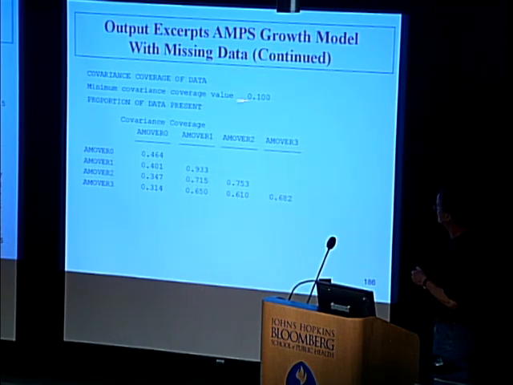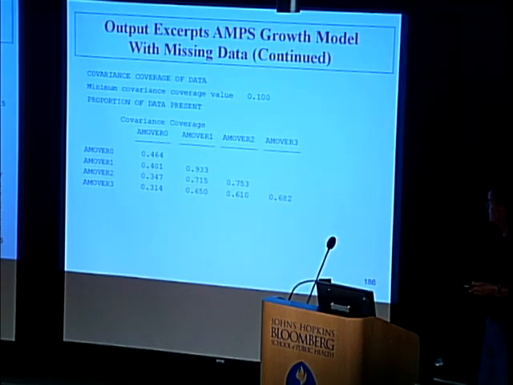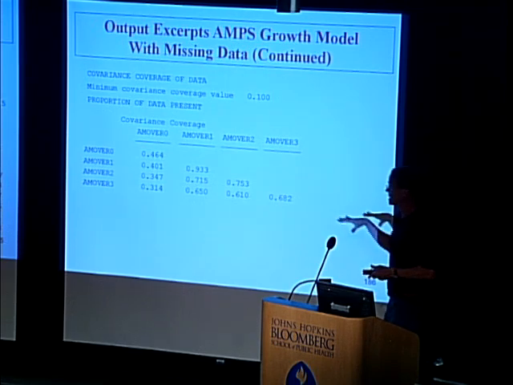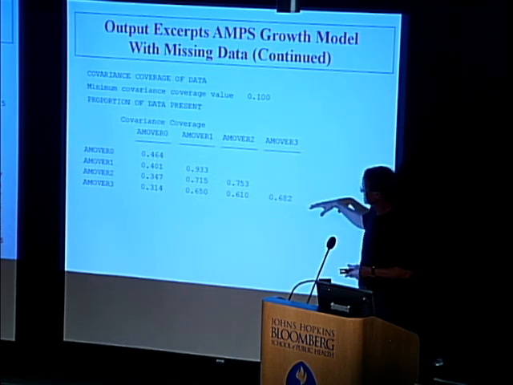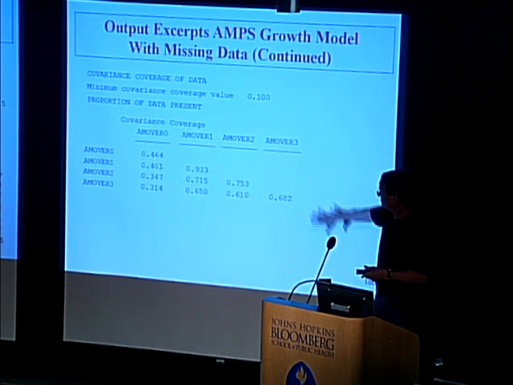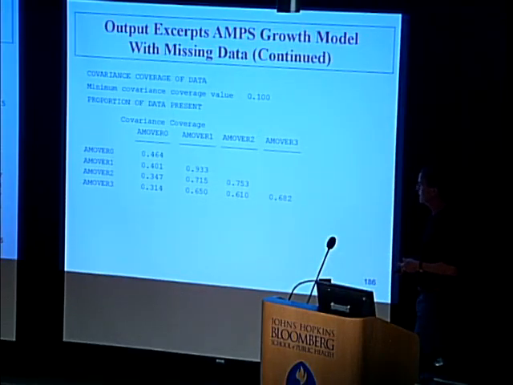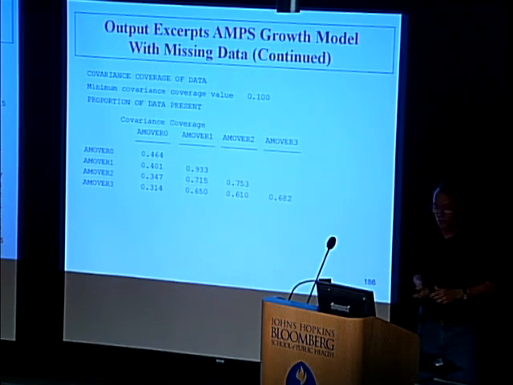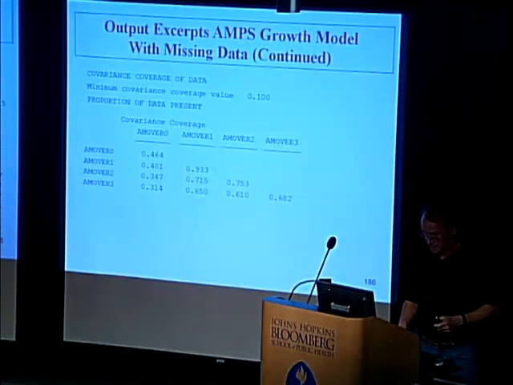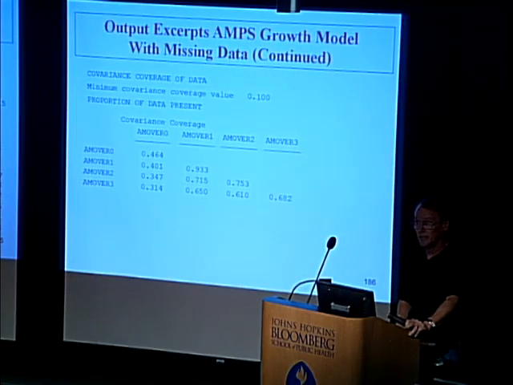The minimum coverage value in Mplus, we warn people if they have less than 10%, because it's been found that this so-called EM algorithm, expectation maximization algorithm for maximum likelihood estimation of the H1 model, runs into trouble when you have very low coverage, so we give that warning. But that's a very important sample statistic to look at.